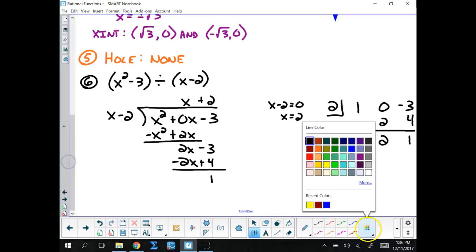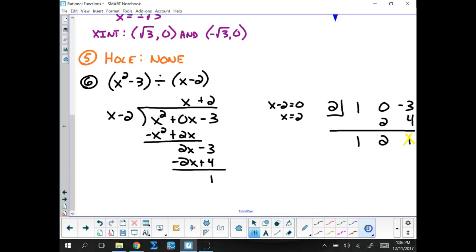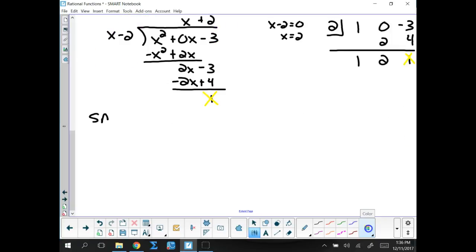So I forget the remainder, and that leaves me with a slant asymptote of y equals x plus 2, from the long division way and from the synthetic division way. Now that's got to go on the graph.